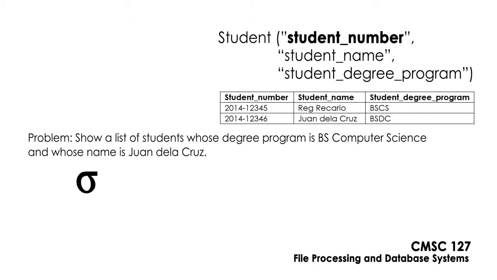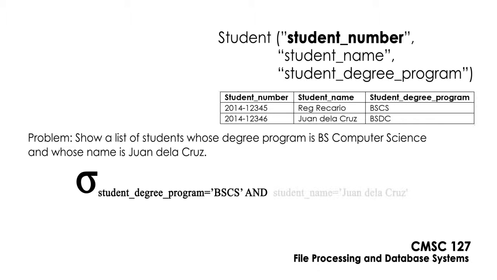The select operation symbol, which is sigma, followed by the name of the degree program. So we specify degree program equal to BS Computer Science, followed by an AND operator, and then followed by another condition or another limiting filter, which is the name of the student.